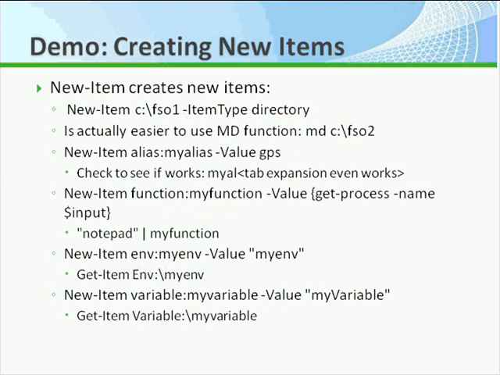Now, some providers have their own commandlets, and in general, you would want to use those specific commandlets. So, for instance, I can create a new variable by using new variable.